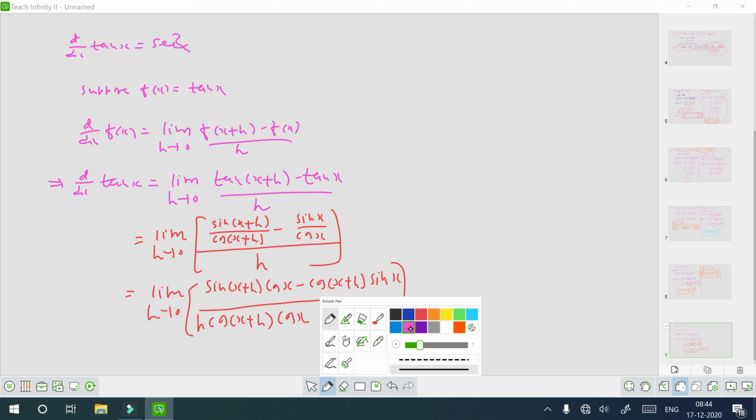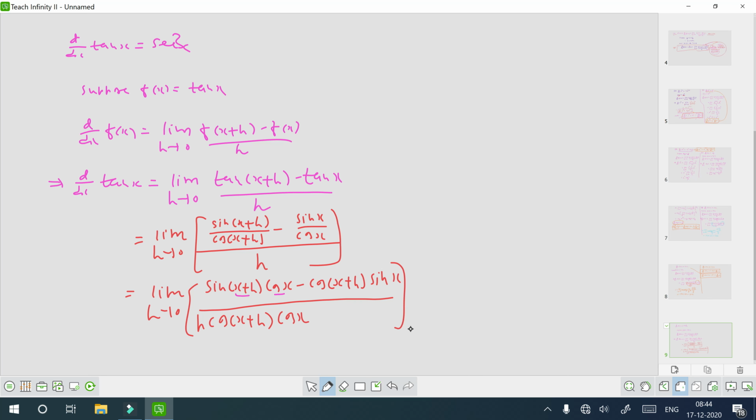Now see, sin alpha cos beta minus cos alpha sin beta is a standard form. Limit h tends to 0, sin of x plus h minus x over h into cos of x plus h into cos x. Sin alpha cos beta minus cos alpha sin beta is the formula of sin of alpha minus beta.